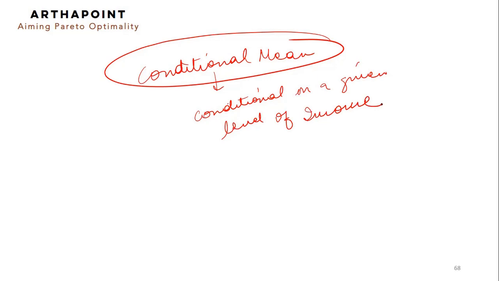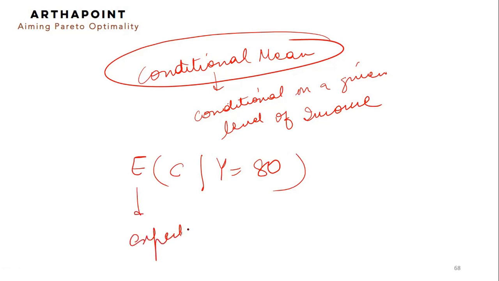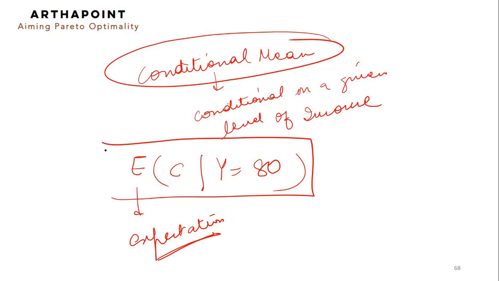So I am asking the question, given that income level is 80, what is the average? This is the sign for expectation, right? What is the expected consumption? So given that the income level is 80, how much consumption should one do? That is the question that I'm asking here.